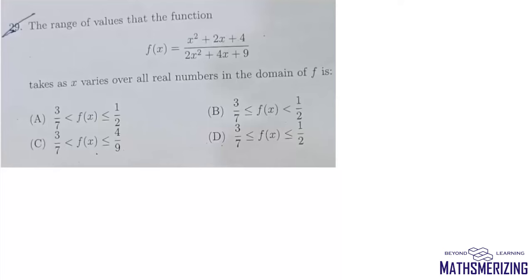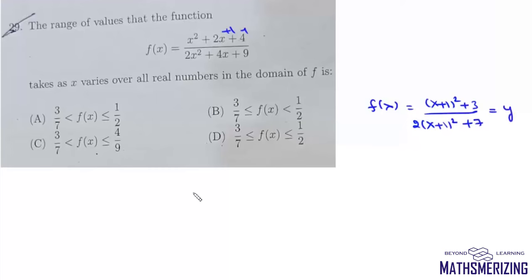Now this 29th question is fairly simple. It says find the range of this function over all x. Now we can write this as f(x), and it will be equal to (x square plus 2x plus 3) upon (2x square plus 4x plus 7). We'll add 1 and subtract 1 in the numerator, so we can write (x plus 1) whole square plus 2, and in the denominator if we take 2 common, we can write 2 into (x plus 1) whole square plus 2 minus 2, and that will be simply 7 plus 7y. Now say this is equal to y.